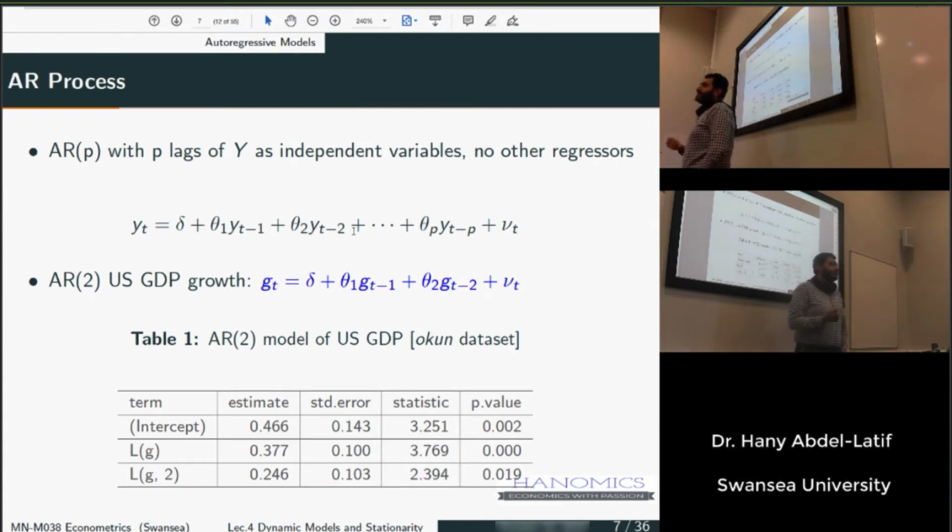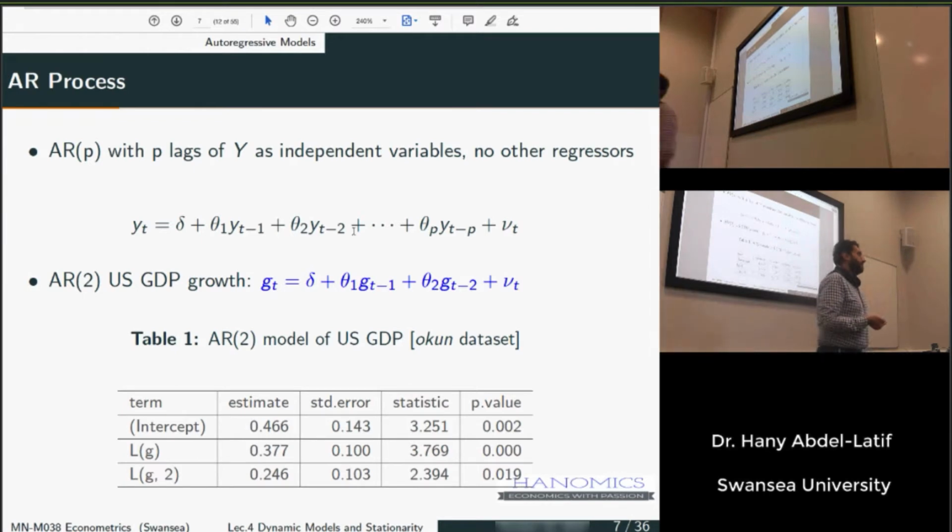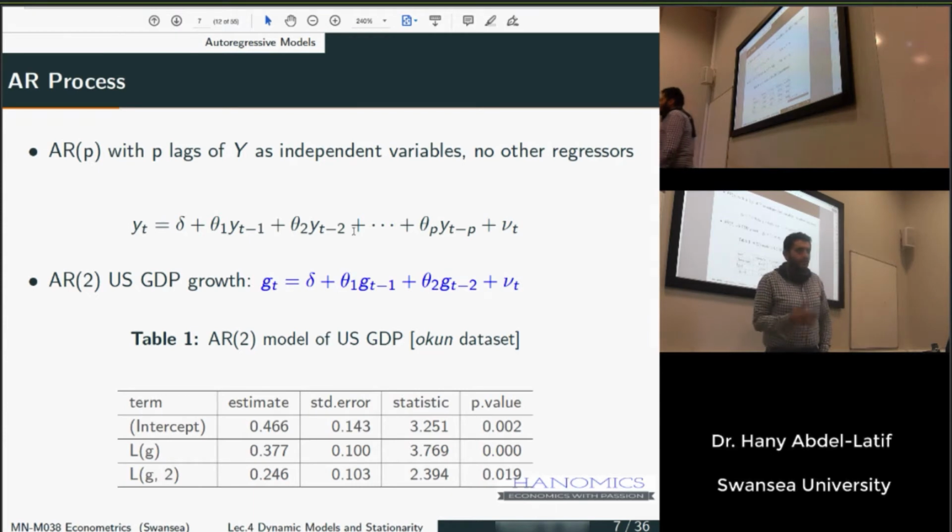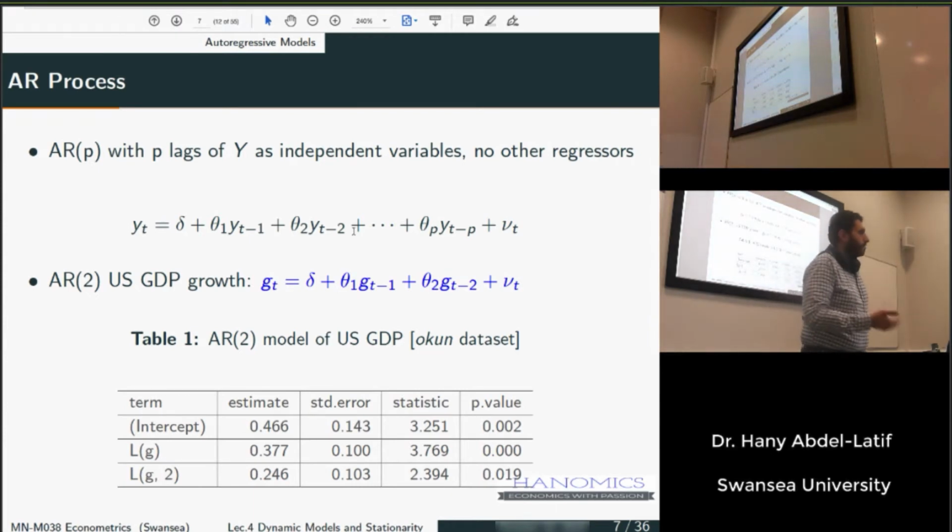And it makes sense, because if you think about it, if you have a high unemployment rate in the previous quarter, it's likely that you're going to have a high unemployment rate this quarter as well. Or if you have a high growth rate in the previous quarter, the chances that you will have a high growth rate again might be very high. So this is the sort of trend that you see in time series data.